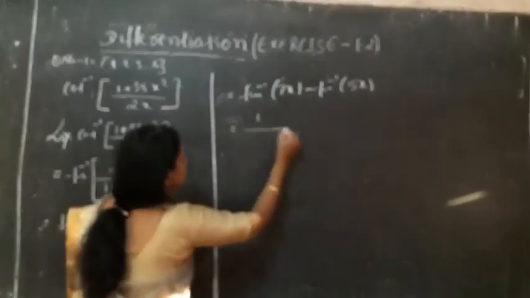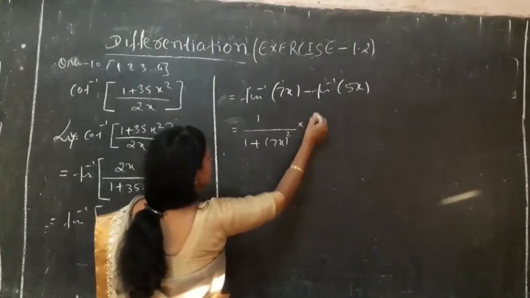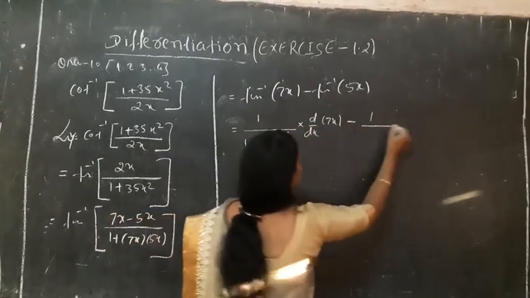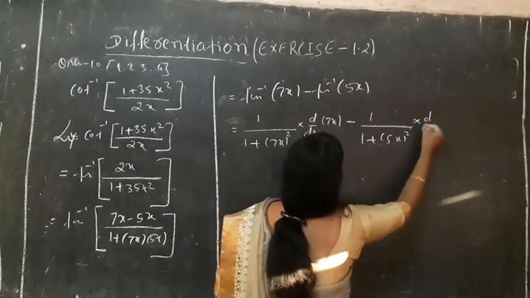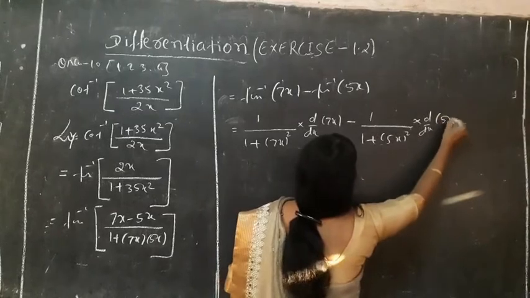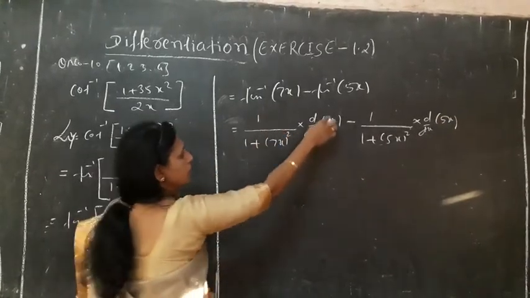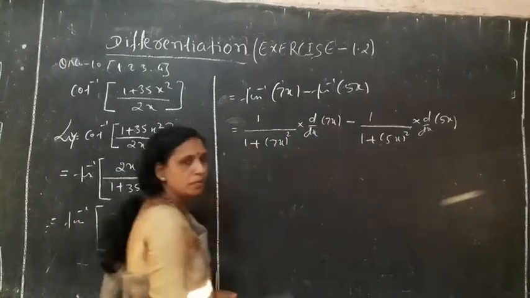Here this is a tan inverse function, so we can differentiate like this: d dx of 7x, 1 upon 1 plus (7x) raised to square, minus the differentiation of this function, 1 upon 1 plus (5x) raised to square, d dx of 5x.